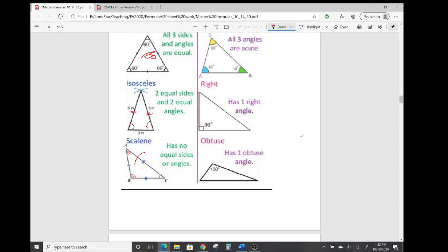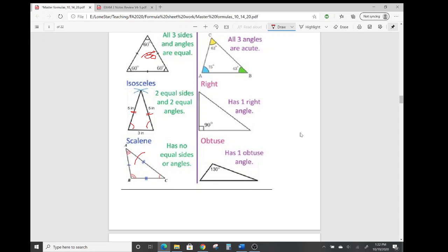Nobody connected a belt to it to make it do something. But Heron also used hydraulics, pneumatics, and steam-driven devices to open and close temple doors so people would go, woo, the gods are helping us open doors. Anyway, enough of that. Heron's formula will give us the area of a triangle, and it's in your formula sheet.